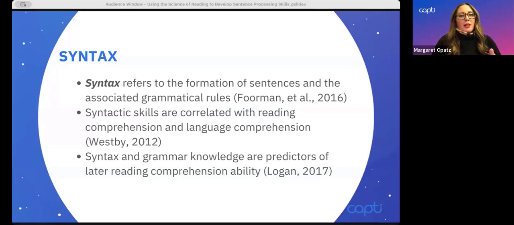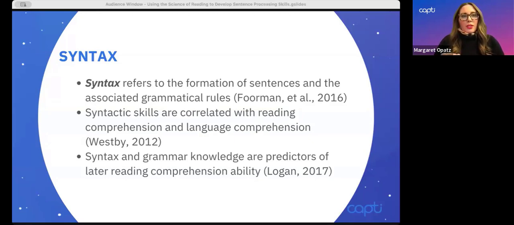So when we talk about syntax, we're talking about the word order rules. So it's really referring to that formation of sentences and what are the rules that really govern how we're putting the words within the sentence together. And this is really important because when we look at syntax, syntactic skills are actually correlated with reading comprehension and language comprehension.